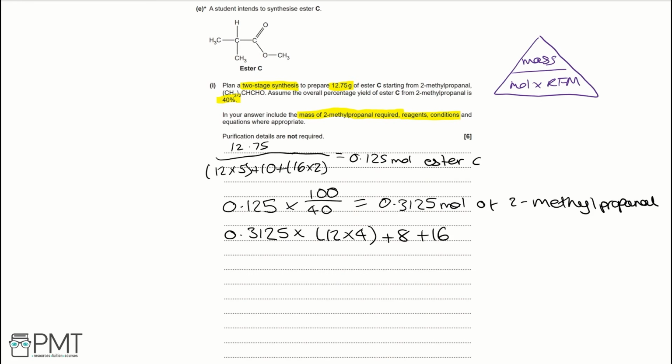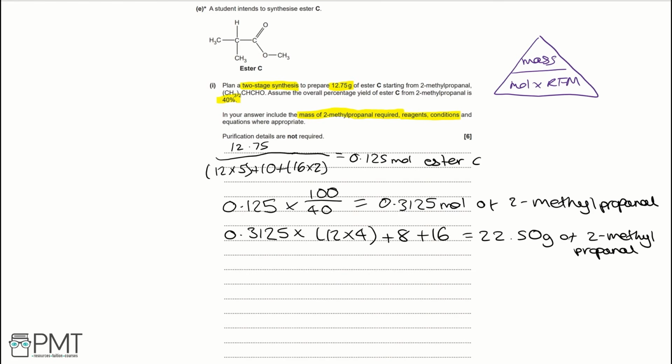So how I've calculated this, 12 times 4, this means that there are 4 carbons in 2-methylpropanal, and then plus 8, which means that there's 8 hydrogens, plus 16, there's 1 oxygen. So then that's going to equal 22.50 grams of 2-methylpropanal. Again, I'm labelling the values I'm calculating in order for the examiner to know what I'm talking about.